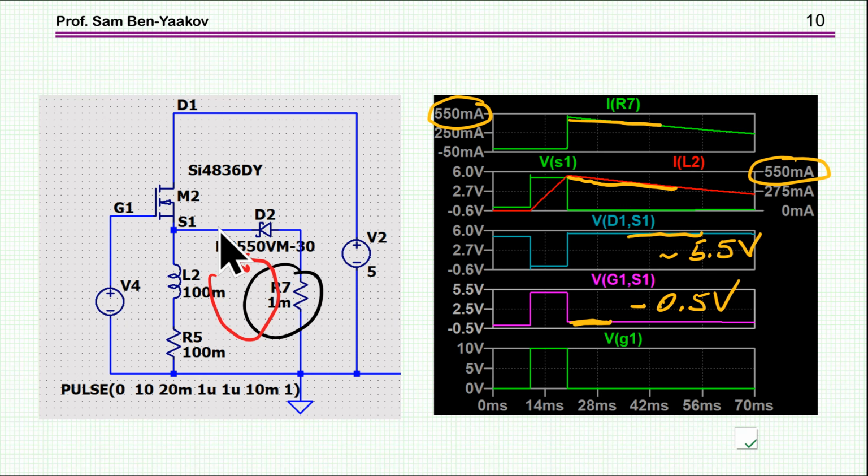And therefore the transistor will not enter the linear mode, and consequently the current now will be circulating here while the transistor is off. So it will be a different mode of operation, very similar to the case in which the transistor is in the bottom and the inductor is on the drain side. So this will be the case in which the voltage at the source is below minus 2 volts.